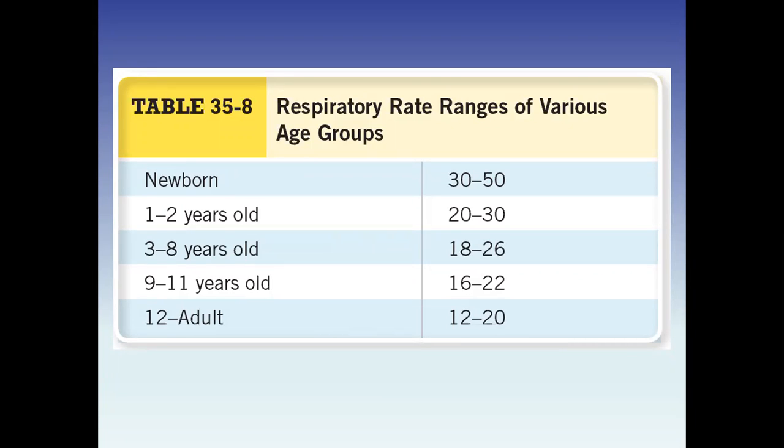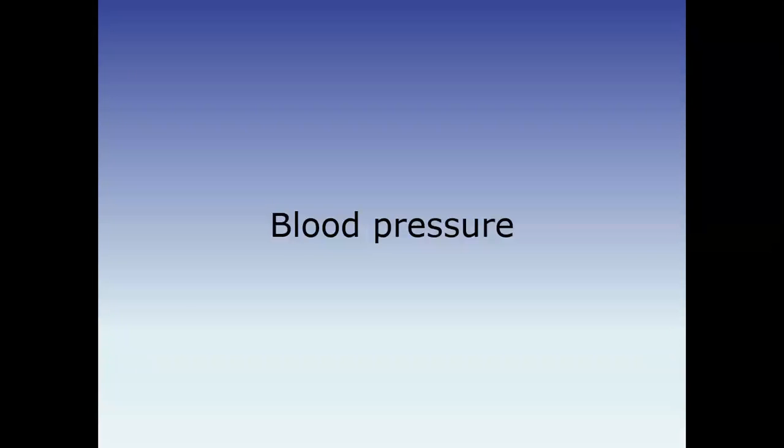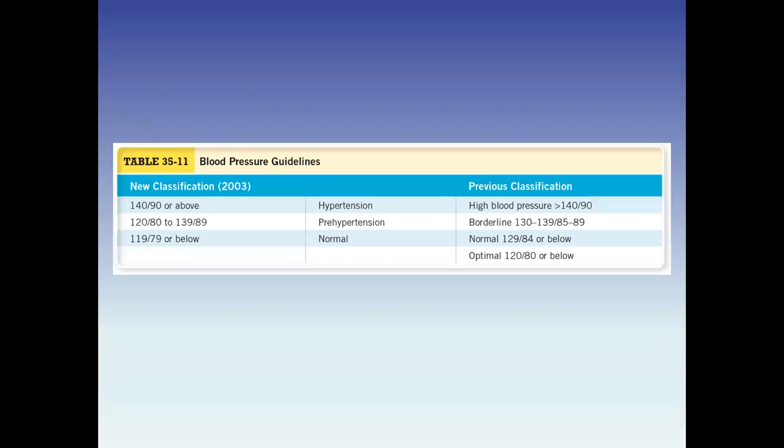The age of 3 to 8 is 18 to 26. Then 9 to 11 should be 16 to 22. And for age 12 and adults, it should be 12 to 20, the regular respiration rate.